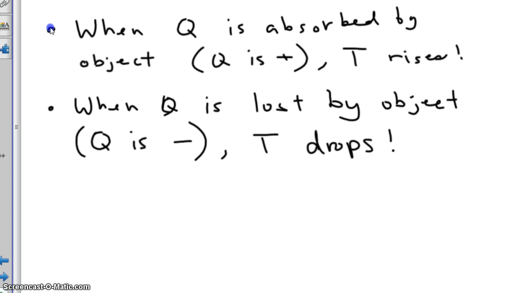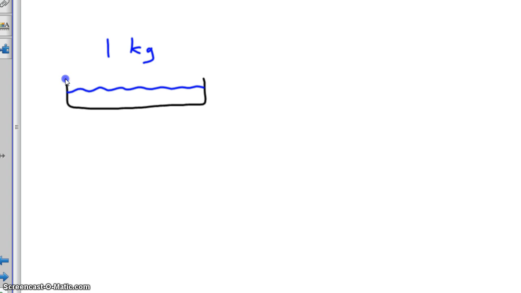But here's an interesting question. Let's say we have 1 kilogram of water and we have 1 kilogram of gold. Gold is yellow and sparkly.